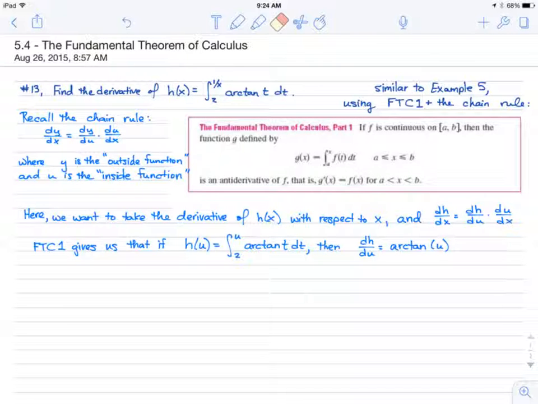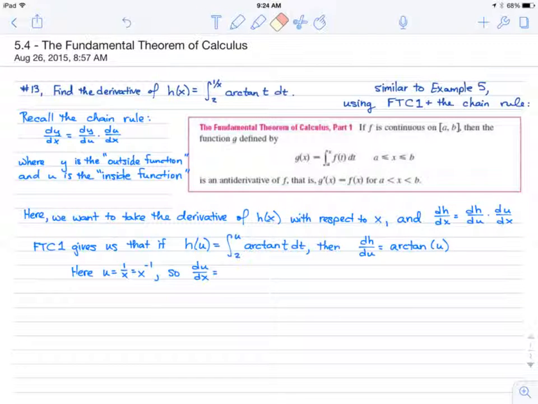So the fundamental theorem tells us, once I have it written this way, where the variables match, then the derivative of that accumulation function, see here g prime, the derivative of our h, dh du, is equal to the integrand where we plug in the variable. And here my variable is u, my integrand is arctan t, so I have that the derivative of h with respect to u is arctan u. This is what the fundamental theorem gives us.